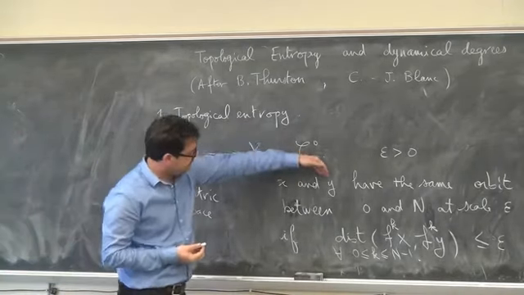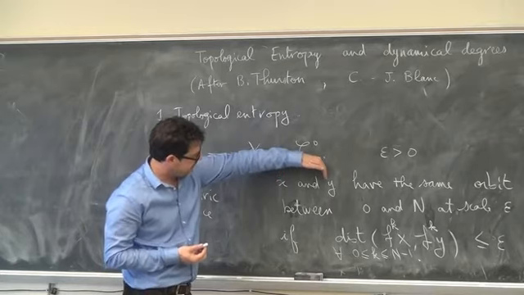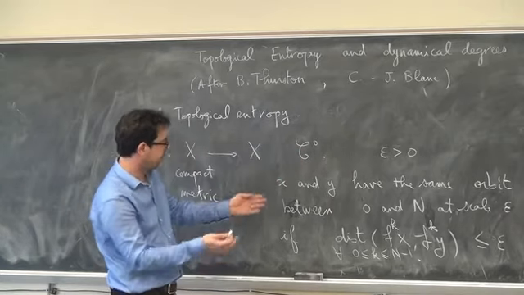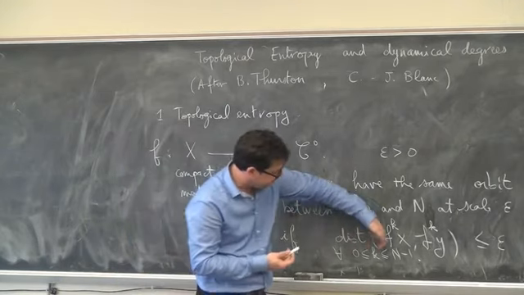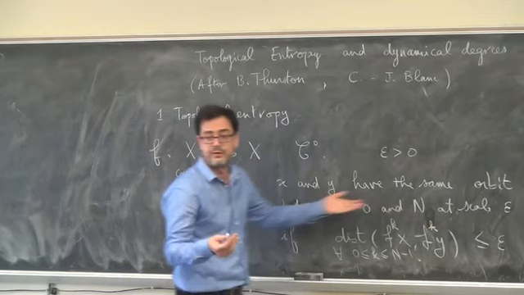So now the orbit of x and the orbit of y are distinguishable if for some iteration between 0 and n minus 1, the distance is more than epsilon.